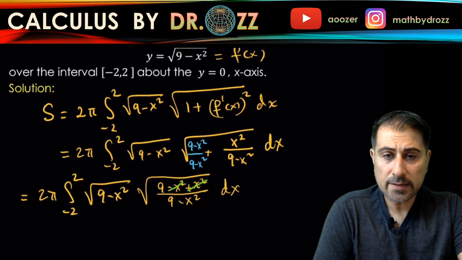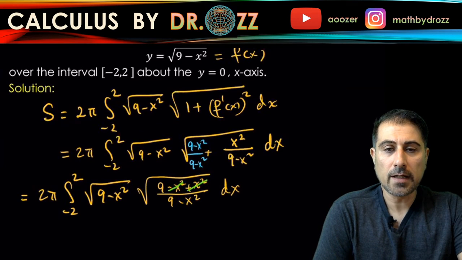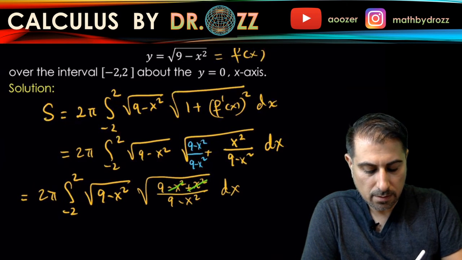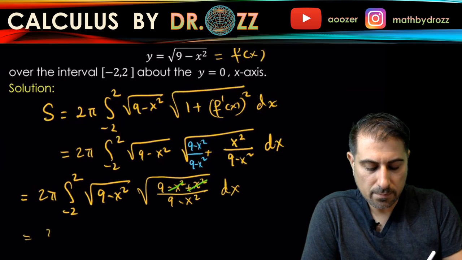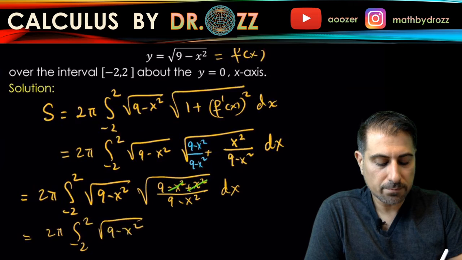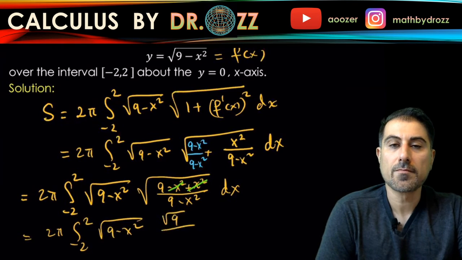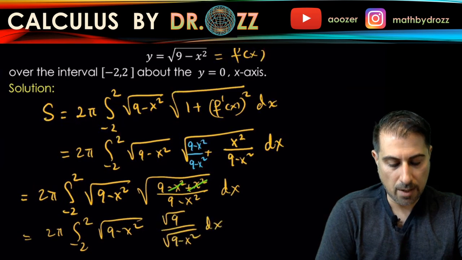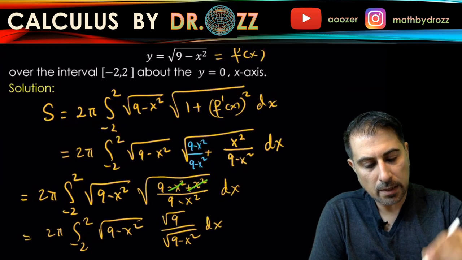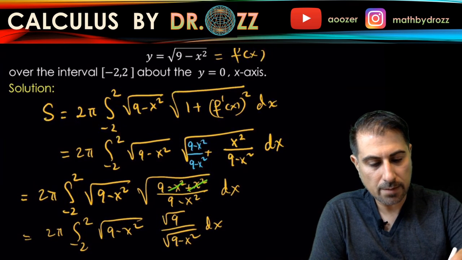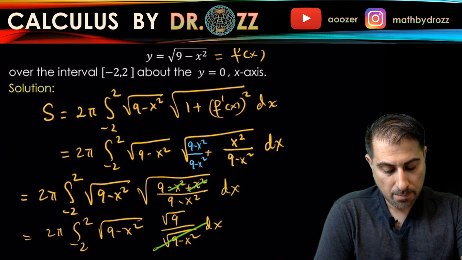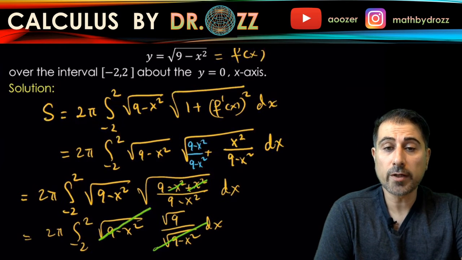So you have radical 9 divided by 9 minus x squared, but that's the same as the radical of the top over the radical of the bottom. This is a nice trick, right? So we've got the common denominator inside the radical. So now I'm allowed to cancel this radical 9 minus x squared by this radical 9 minus x squared.